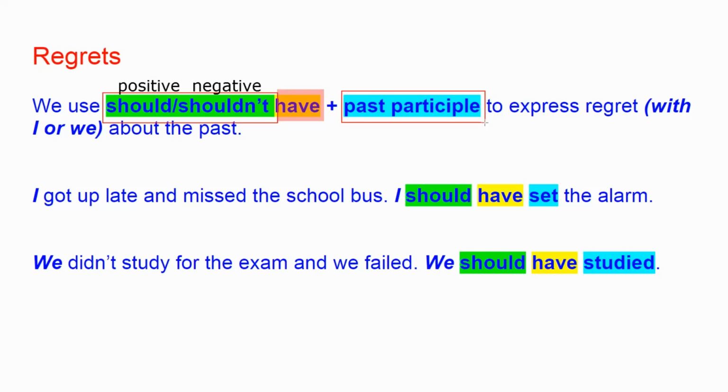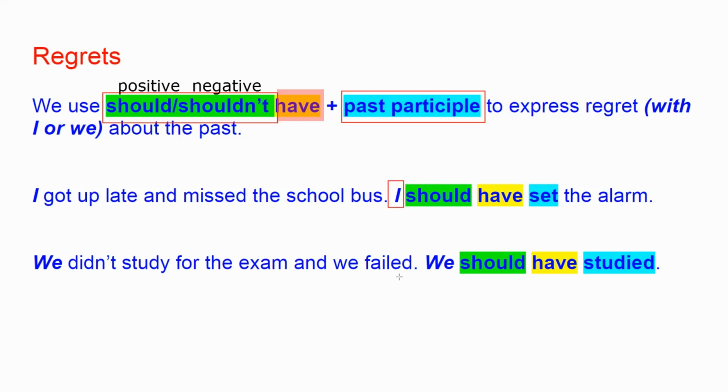Now, let's see. Number one, vamos a ver el primer ejemplo. I got up late and missed the school bus. I should have set the alarm. Muy bien, ¿qué tenemos aquí primero? ¿Cómo sabemos que es un regret? We know that because we have the pronoun I. All right?